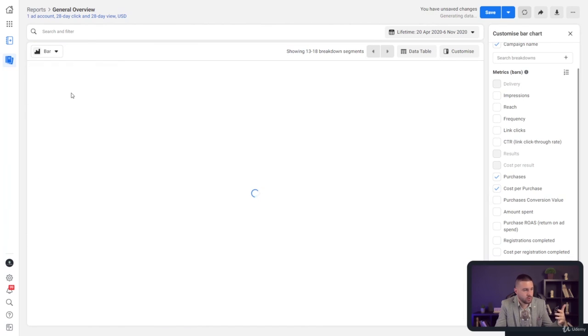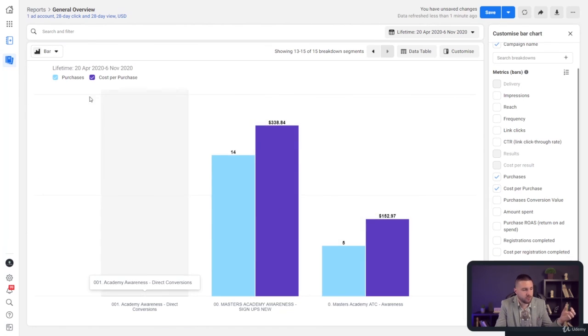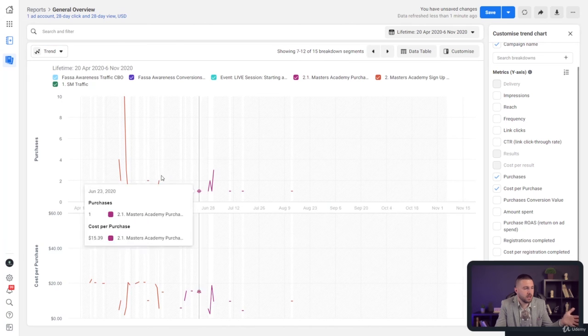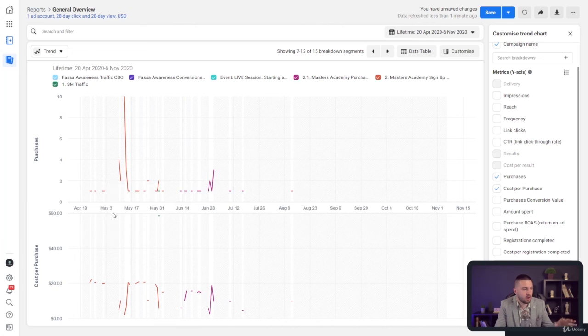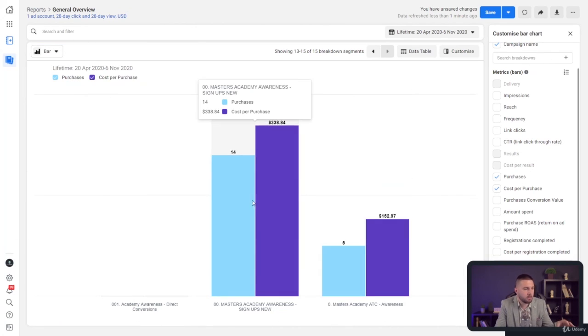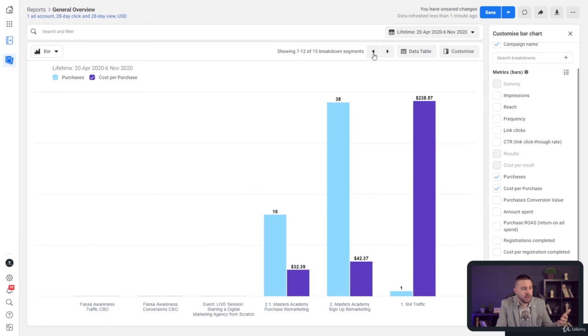Maybe you can also use the bar graph if the trend graph is kind of buggy and doesn't really show you how things are going because campaigns were stopped and paused and running for a long time. Then you can also use the bars, and that would really help you understand, all right, here we spent that much and got this much back, and that can also kind of be a way to quickly preview your campaigns.